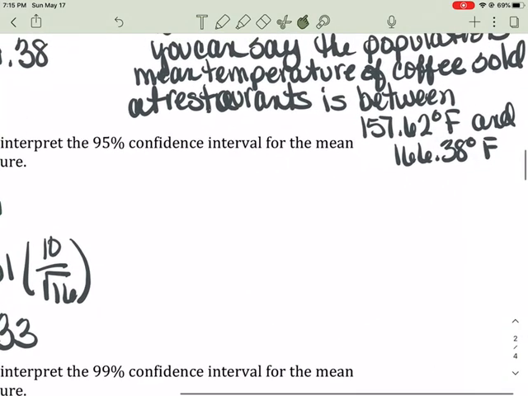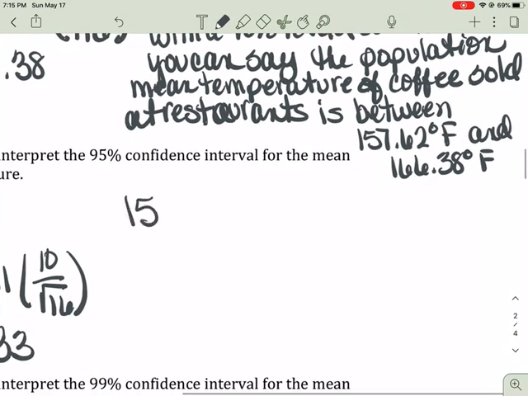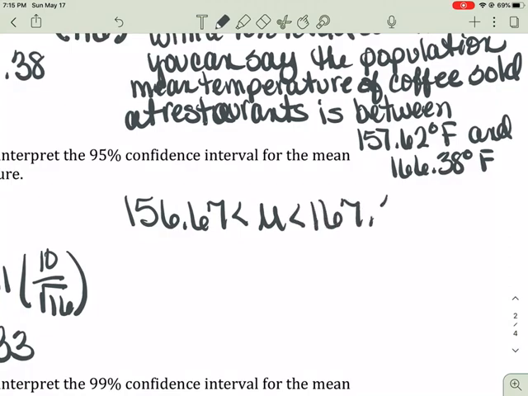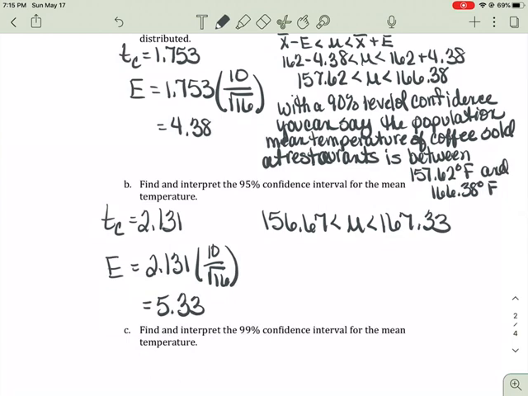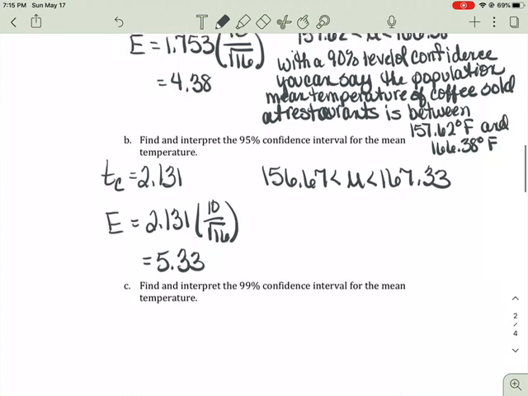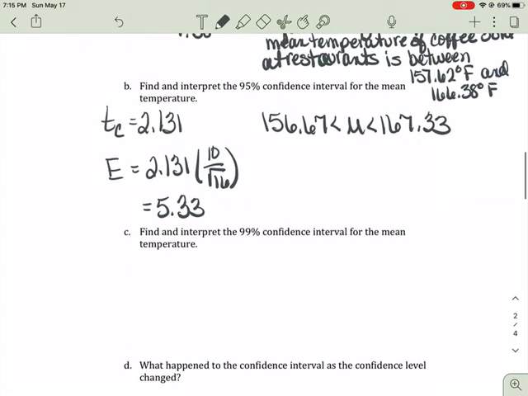Okay, so I'm going to end up with a confidence interval of 156.67 to 167.33. And again, exactly the same thing, except the only thing we're going to change is the numbers. Okay, 99%.